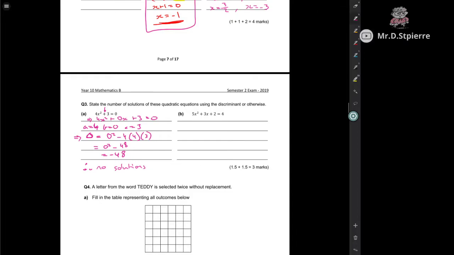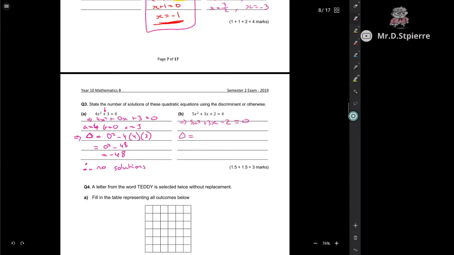Okay, this one is not written in standard quadratic form because we have it equal to 4, so we need to move that 4. We now get 5x squared plus 3x, take the 4 over to the other side, that turns into negative 2 is equal to 0. Now it's equal to 0, we can use the discriminant properly.